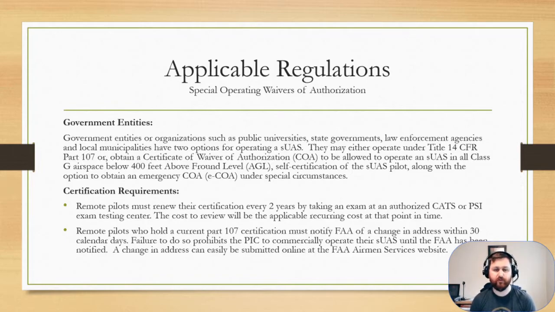I've already been over that. Failure to do so, however, will prohibit the pilot in control from commercially operating their sUAS until the FAA has been notified. And again, same thing. It's pretty easy to do. You just have to submit it online to the FAA Airmen Services website.